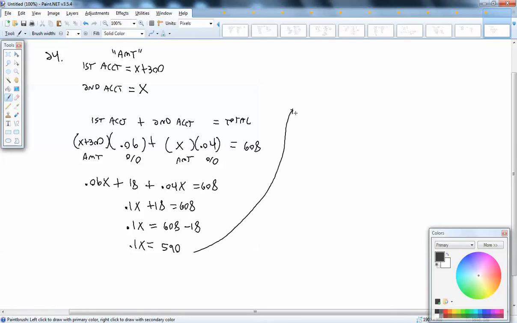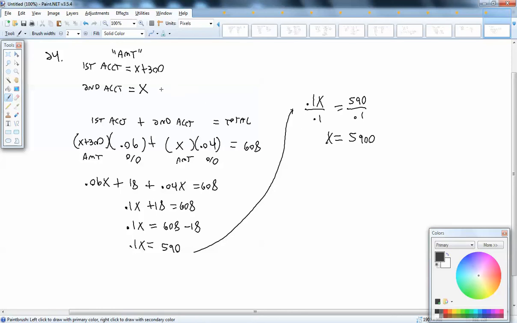Trying to get the X by itself, so we're going to divide both sides by 0.1. I shouldn't have to do this, but I'm plugging it in my calculator. X is equal to 5,900.